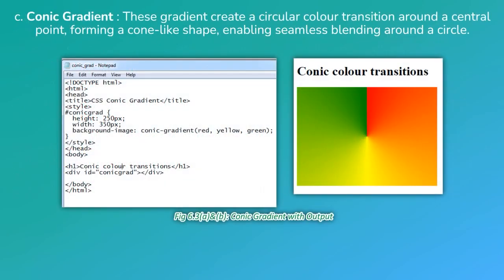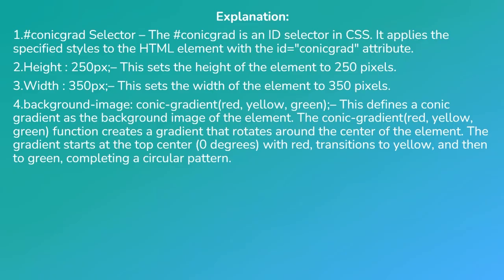C. Conic gradient. These gradients create a circular color transition around a central point, forming a cone-like shape, enabling seamless blending around a circle. Explanation. 1. The #conic-grad selector. The #conic-grad is an ID selector in CSS.